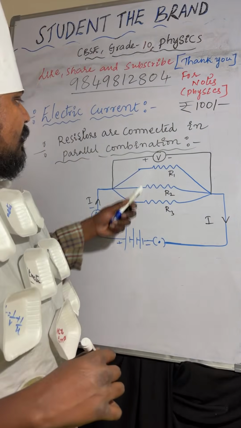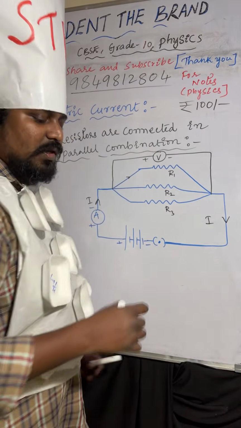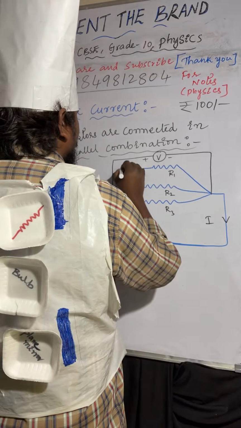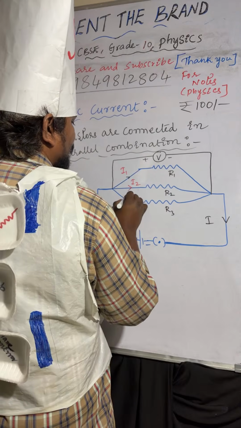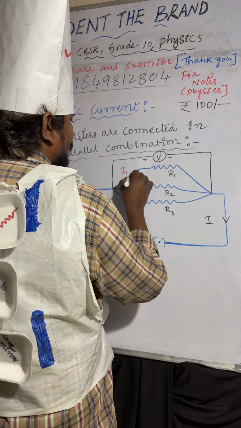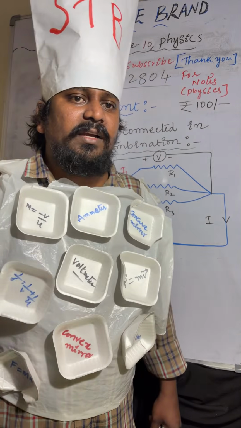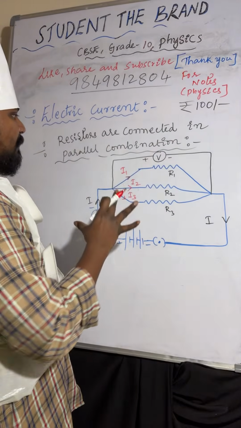Across R1 I am connecting, so current is passing, right? So I1 across R1, I2 across R2, I3 across R3. So current is dividing into three parts.